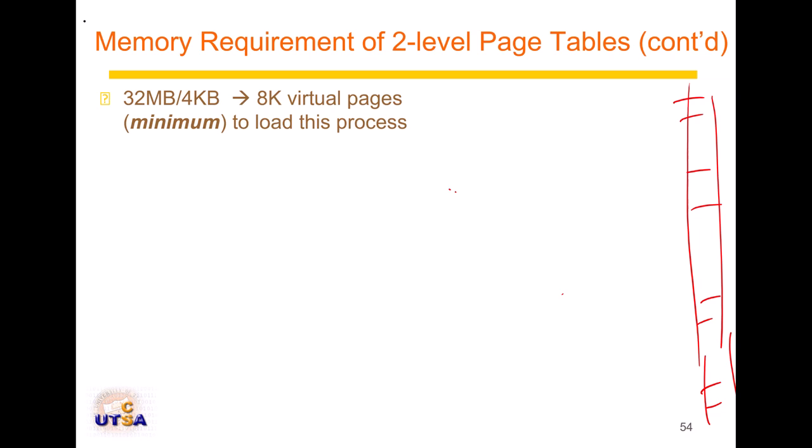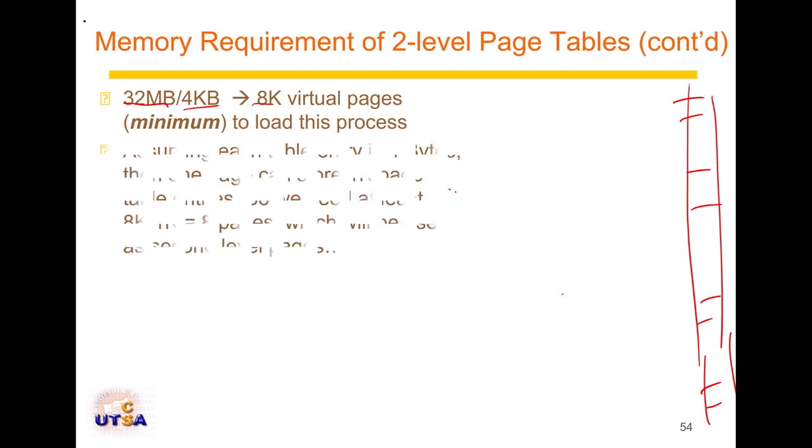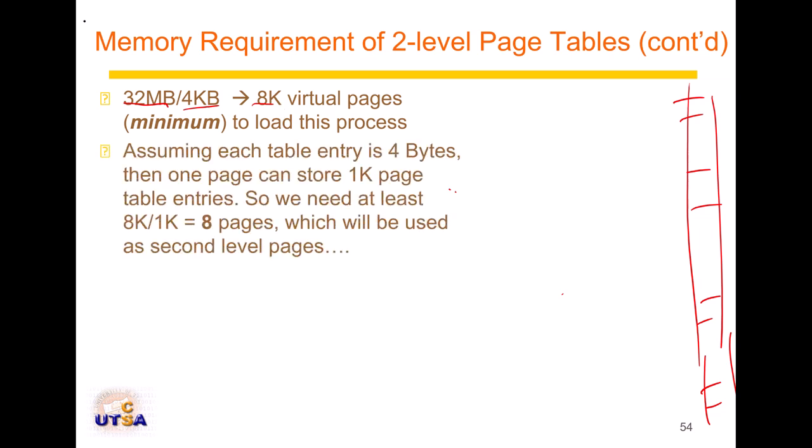So we have the size of my current process, 32. We divided that by this, so we get almost 8,000 virtual pages needed. So assuming that each table entry is 4 bytes, how many entries can one page store?